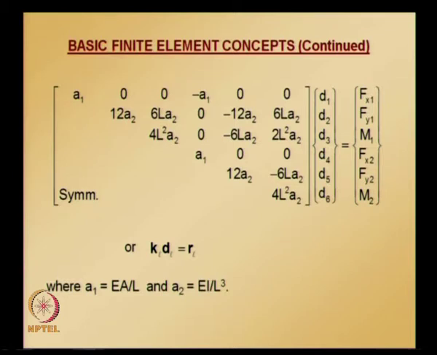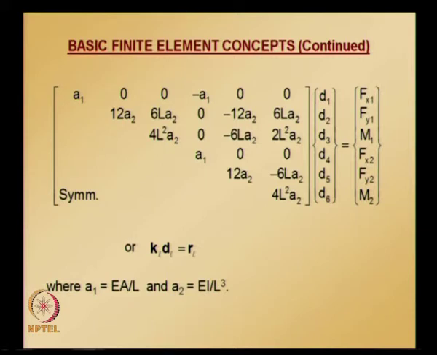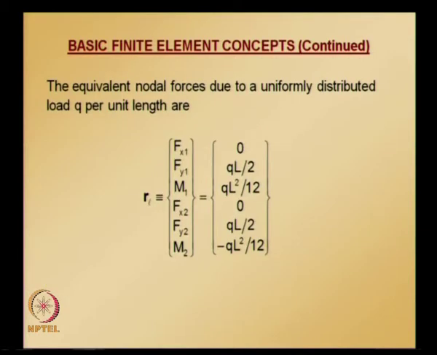And now what are the equivalent nodal forces due to the uniformly distributed load applied on the frame element, that is shown in the figure when we started out this frame element. When a frame element is subjected to uniformly distributed load acting in the transverse direction and with no axial forces, the equivalent nodal vector is similar to what we have for a beam element, except that the locations corresponding to the axial forces are equal to 0, rest of the components are similar to what we have for a beam element.